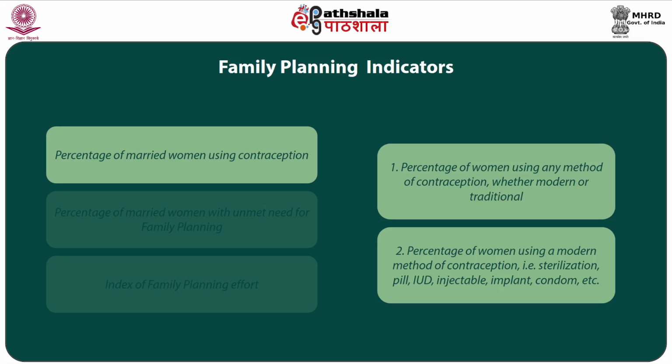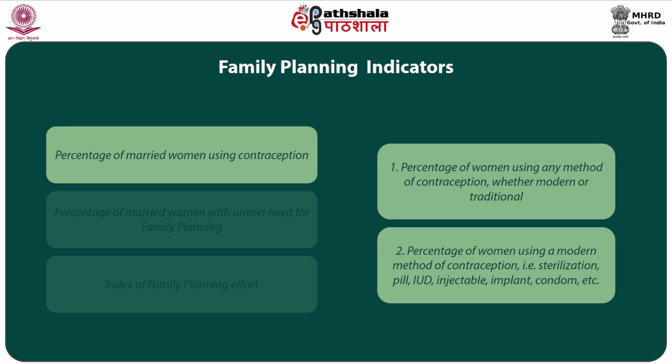Continuing on the family planning related indicators, we also have two different measures that are in use. One is the percentage of women using any method of contraception. It can be a modern method or it can be a traditional method. In family planning, we have modern methods like sterilization, condom, IUD, oral pills, oral contraceptives, injectables.